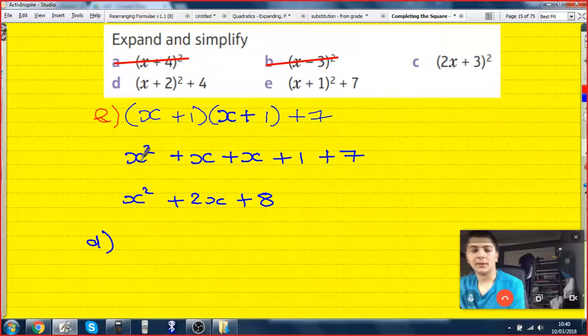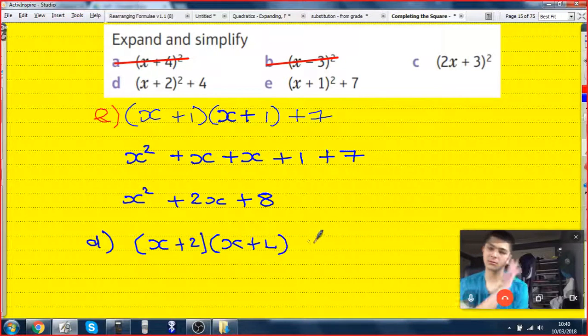So x plus 2 and x plus 2 plus 4. Yeah. And then we would do x squared.